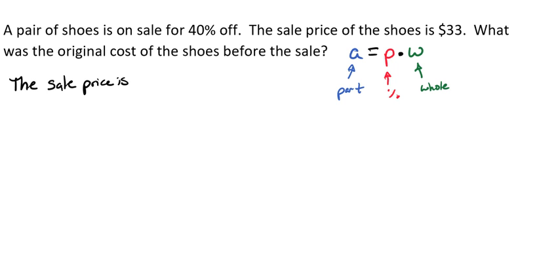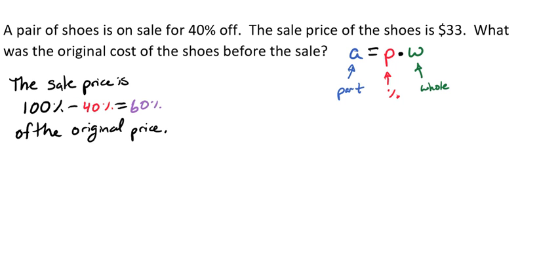Here the sale price is 100 minus our 40%, which gives us 60%. So we want to know, 33 is 60% of what number? Remember that 33 is our sale price, so that's our part.